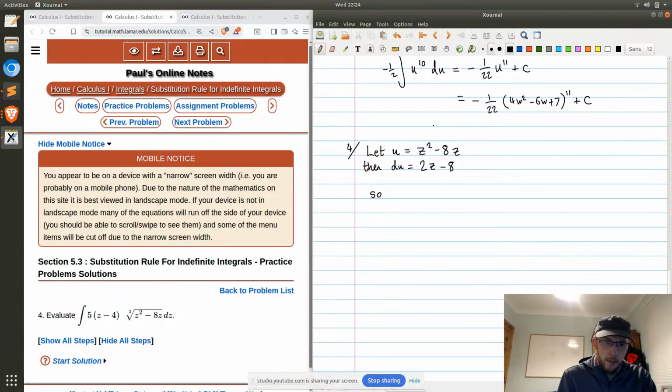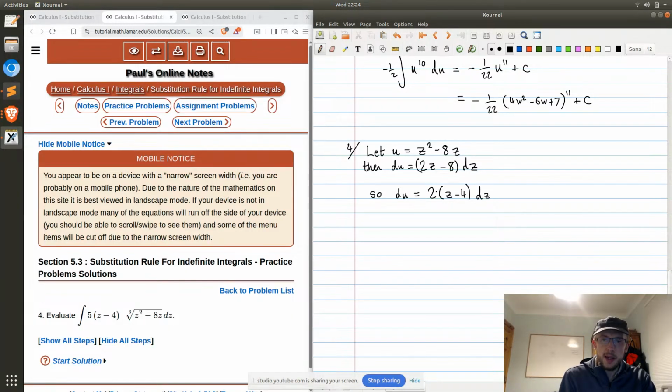So du equals 2 of z minus 4, oh, beg your pardon, that should all be dz. dz right there.